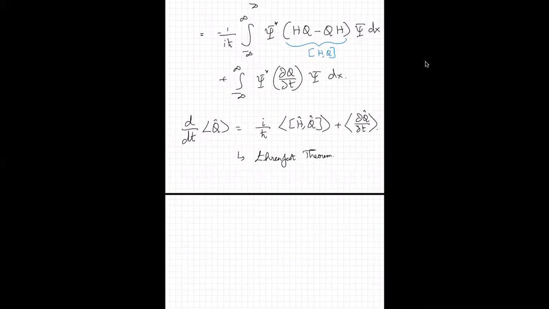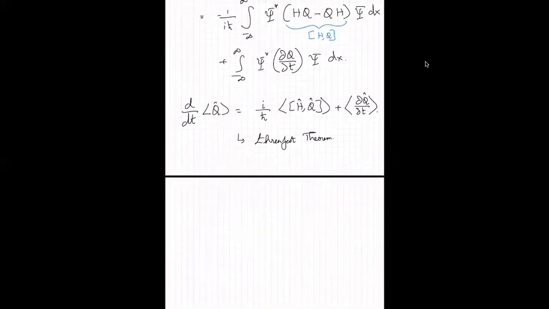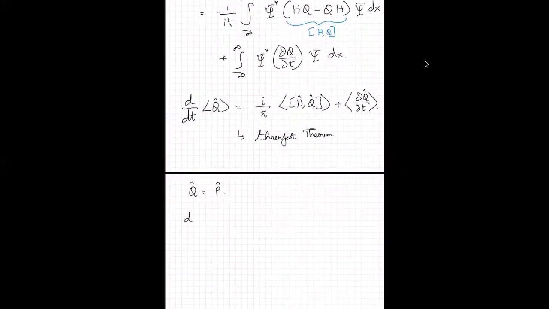Let us apply it to some specific operator, like let us say q equals the momentum operator p. Now what do I get? The left hand side is d/dt of the expectation value of p, which equals i over h bar times the expectation value of the commutator of the Hamiltonian and p.